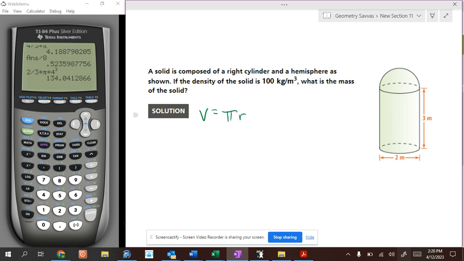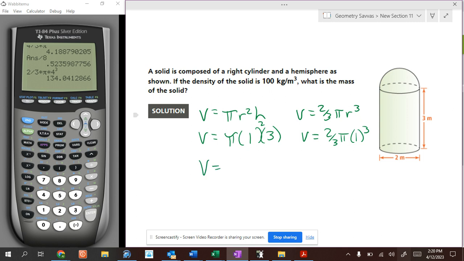Pi r squared h. The volume of the top part is a what? Hemisphere. 2/3 pi r cubed. So the volume of the bottom part is pi times, what's the radius? 1. And the height is 3. Volume of the top part is 2/3 pi times 1 cubed.